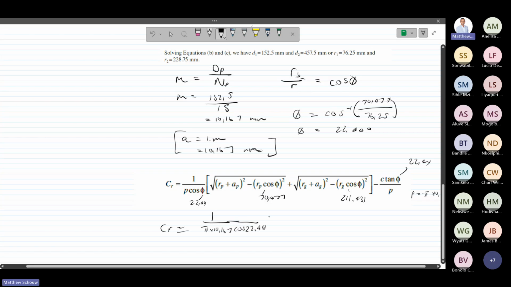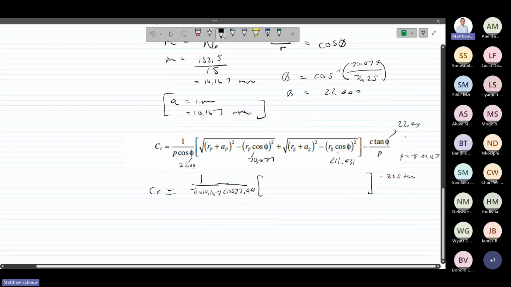So that's your first piece over there. Your center distance, remember, was 305. Tan of that new angle you found, which is going to be 22.44.